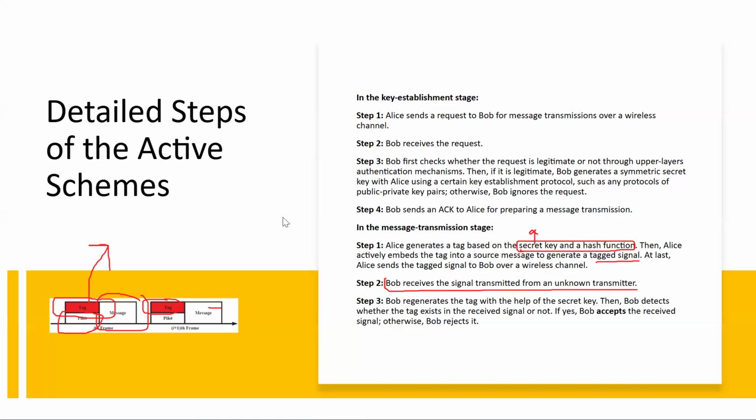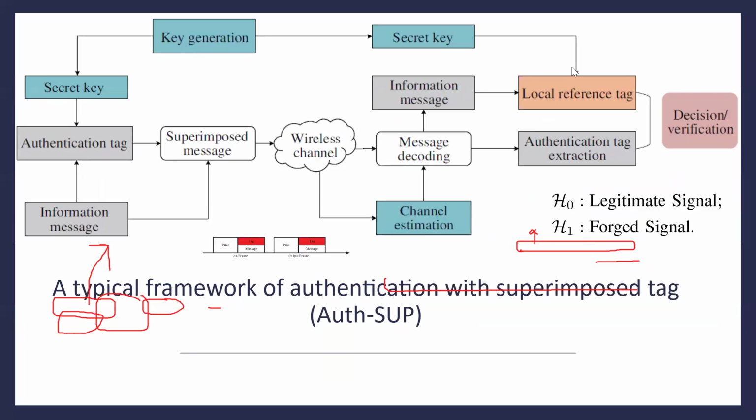Let's see some diagrams explaining these things. So in summary, we have the authentication tag over here. Then we have the information message.